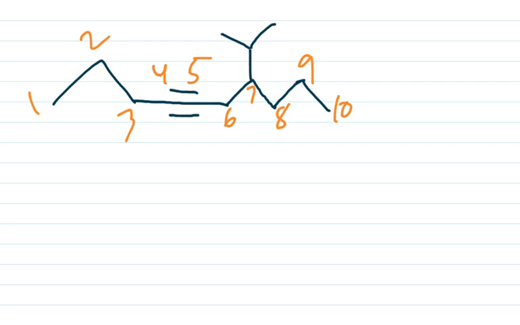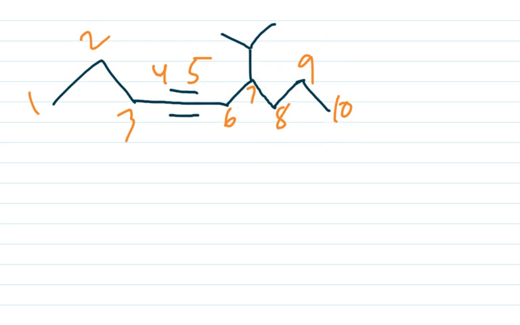All right, so this is the longest carbon chain in which the triple bond is the least carbon number, because if we started from right to left, that would be 1, 2, 3, 4, 5, 6. Okay, so for the red numbering, the 6th carbon would be where the triple bond is, but for the orange numbering, the 4th carbon is where the triple bond is. All right, so we're going to choose the orange numbering as the correct numbering.